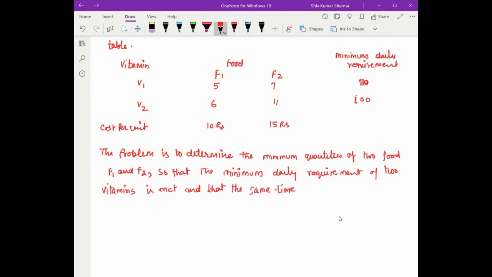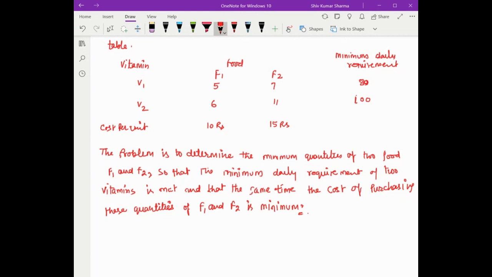At the same time, the cost of purchasing these quantities of F1 and F2 is minimum.